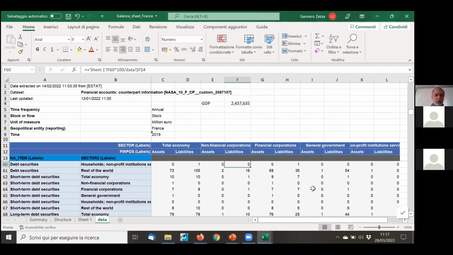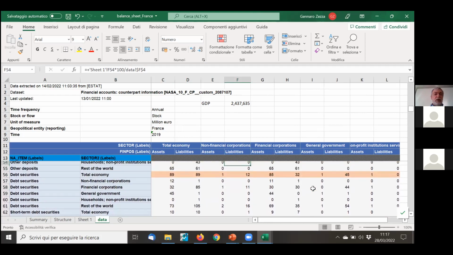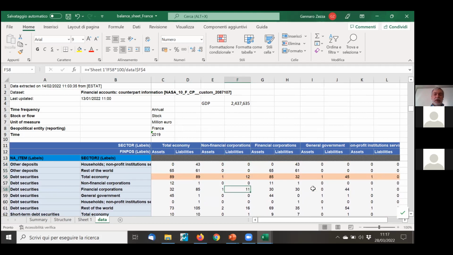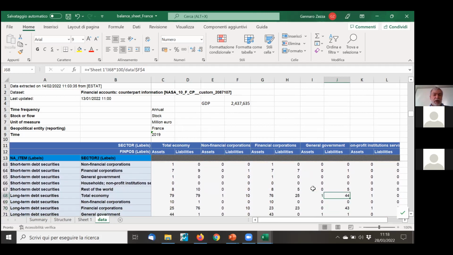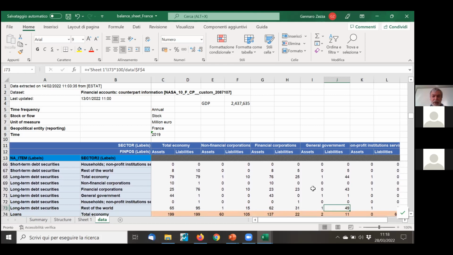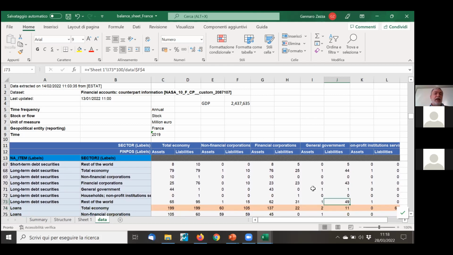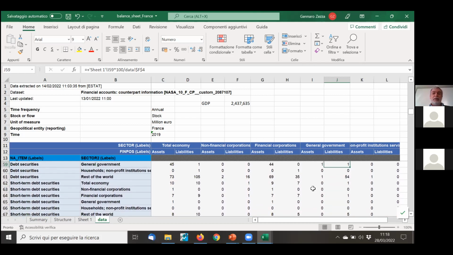Let's look at debt securities, which should be the main debt of the government. And this is not the case in here. The main debt in debt securities in France is that of foreigners. So these are held mainly by foreigners, while the government has debt in what is called long-term debt securities.